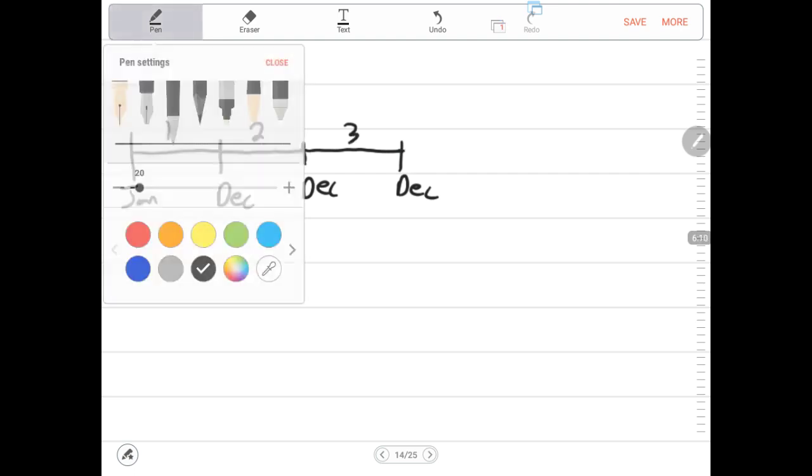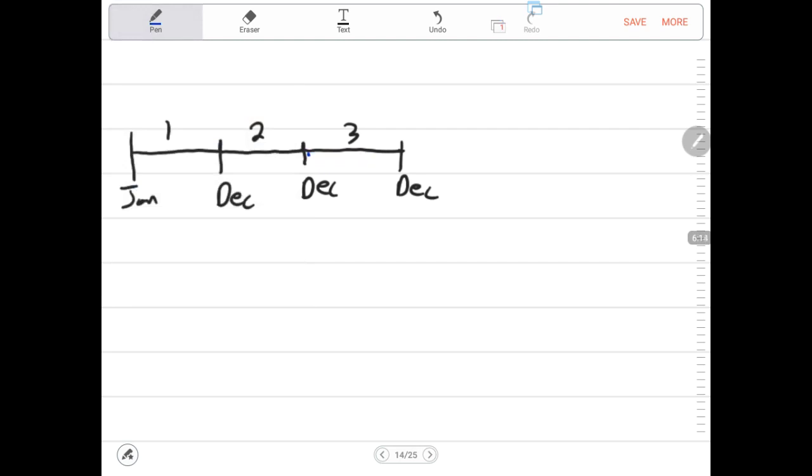Remember, year 3 begins almost at the end of the previous December, and year 2 begins just after the end of December of the previous year. Then let us continue with a different color. We go to year 4, which is December of year 4, and we go to the last year, the 5th year, and December of the 5th year.